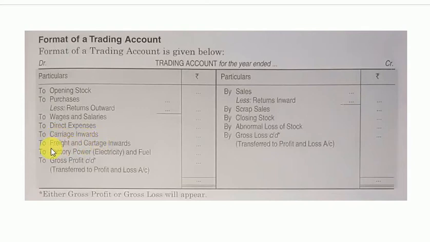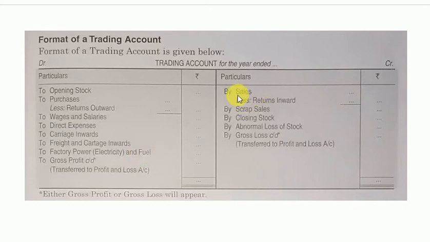This is also a direct expense for an organization. Freight and cartage expenses, factory electricity and fuel are also direct expenses or manufacturing expenses. That particular expense will be recorded in a trading account. So factory or fuel expenses are also factory expenses or direct expenses. That's why they are recorded on the debit side of trading account.